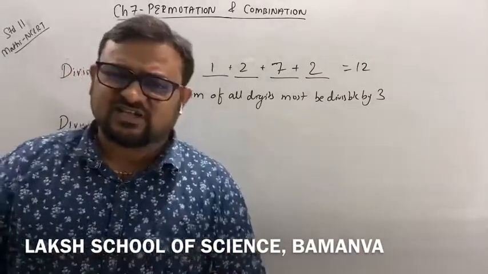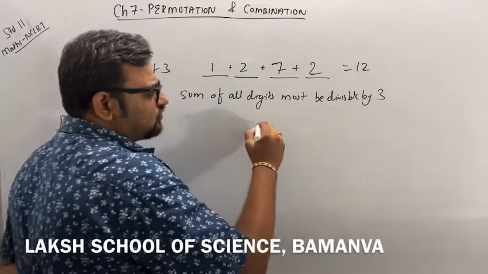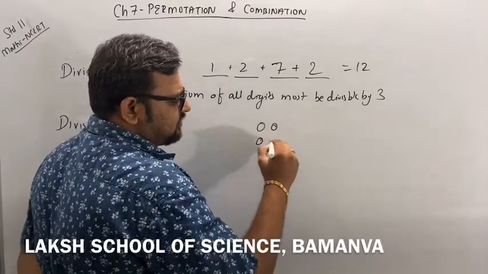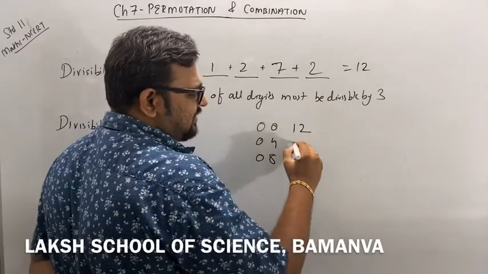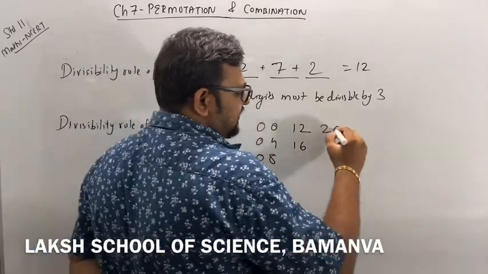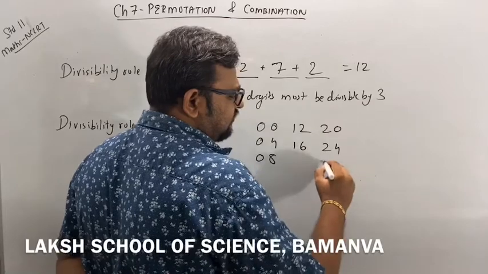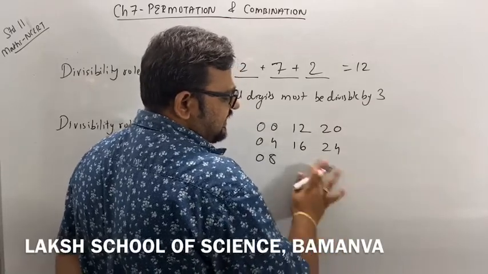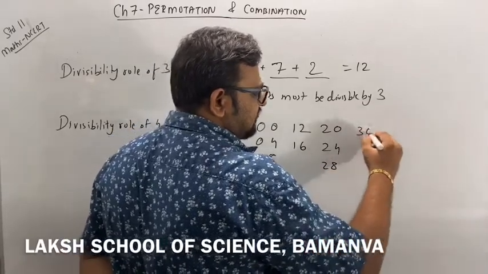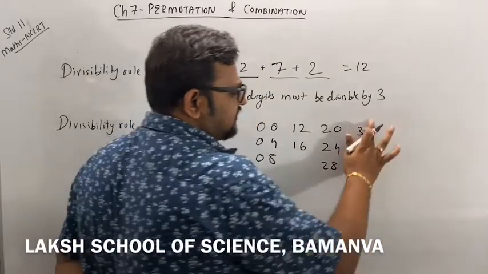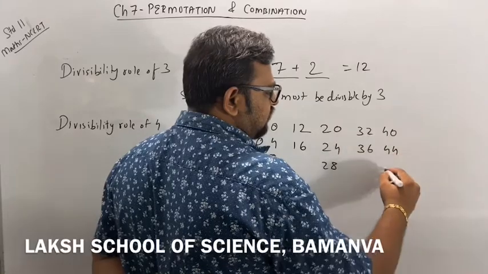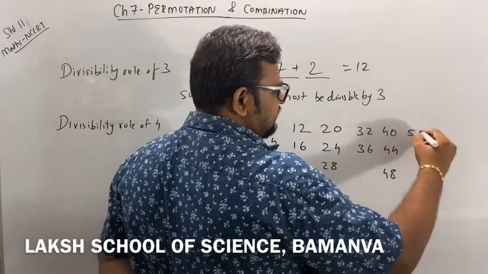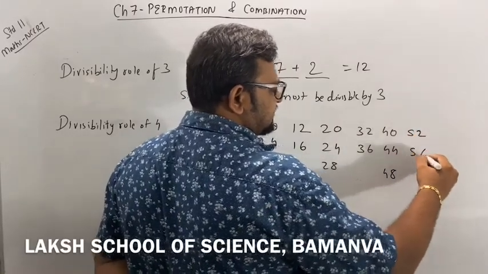If I just go to the table of 4: 4 zeros are 0, 4 ones are 4, 4 twos are 8, 12, 16, 4 fives are 20, 24, 28, 32, 36, 40, 44, 48, 52, 56.